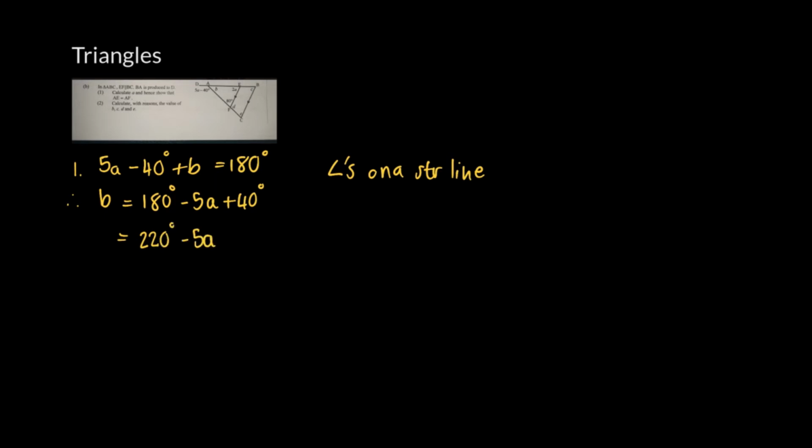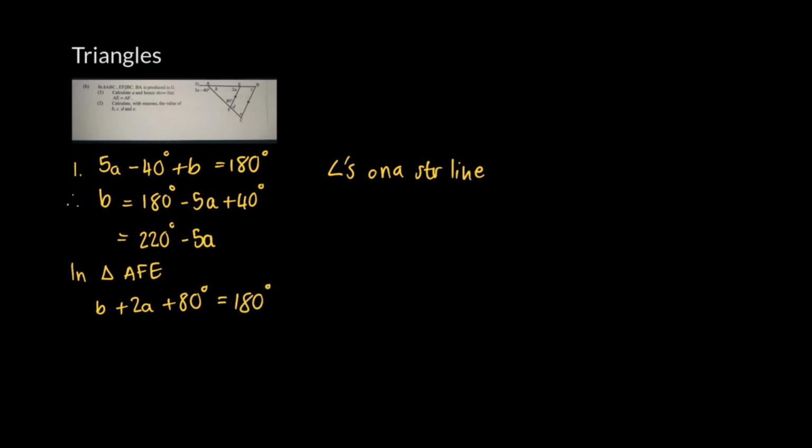Now we can use this information we've got here and plug that into what you've written in your answer, where we can say in triangle AFE, we're going to get B plus 2A plus 80 degrees, which is going to equal 180 degrees.